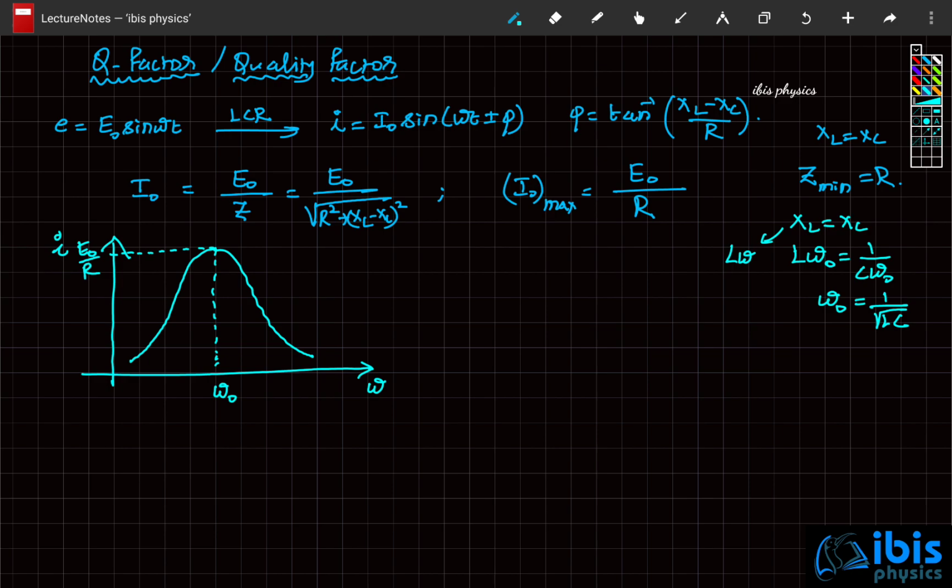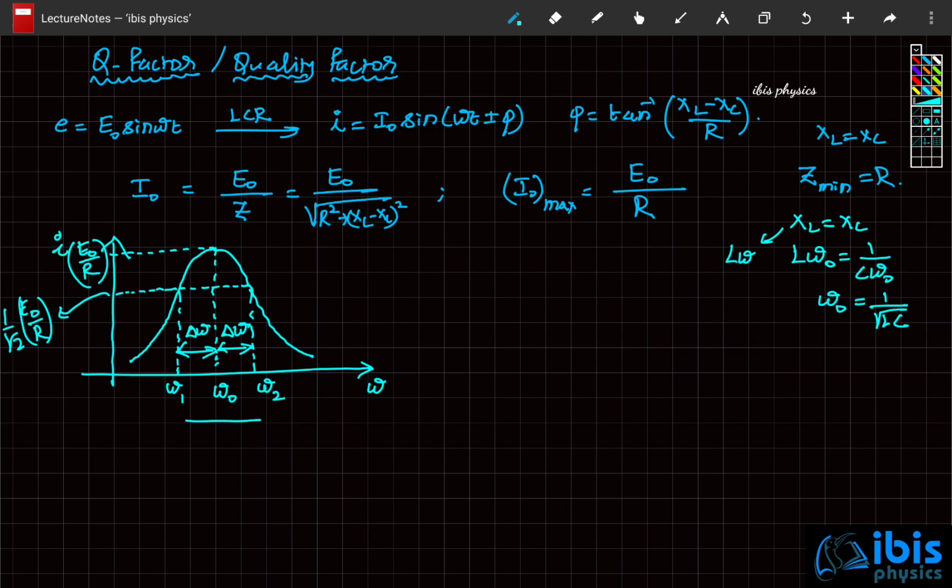Now, at what angular frequency is the current 70% of the peak current? Suppose at this point on either side, let's say E naught by R is the maximum current I naught, and this value of current is 1 by root 2 times E naught by R. The corresponding angular frequencies on either side are omega 1 and omega 2, each at a distance delta omega from omega naught.